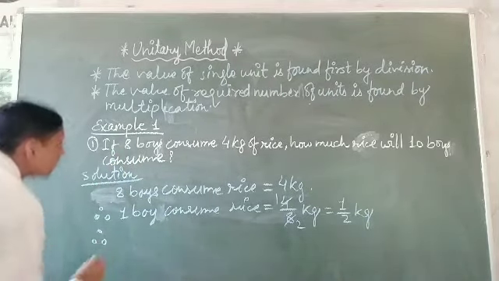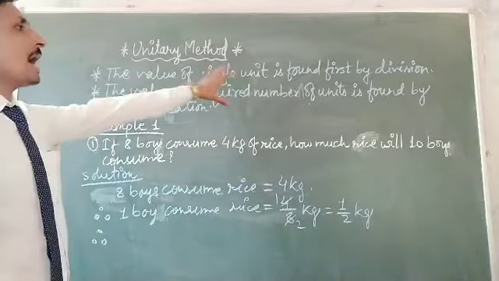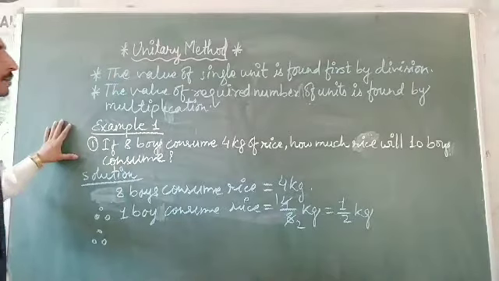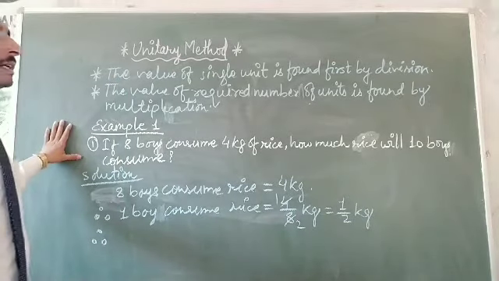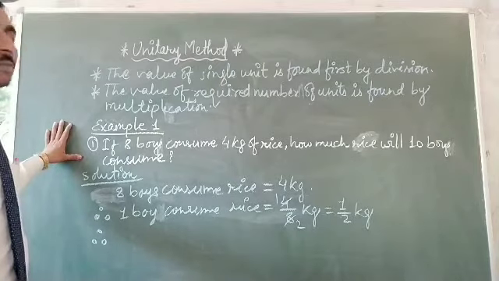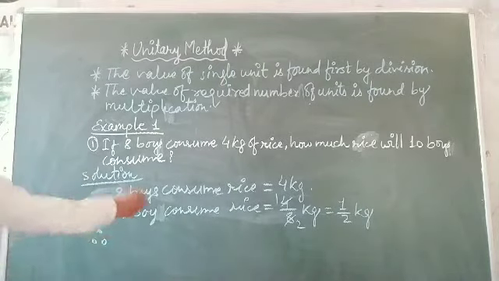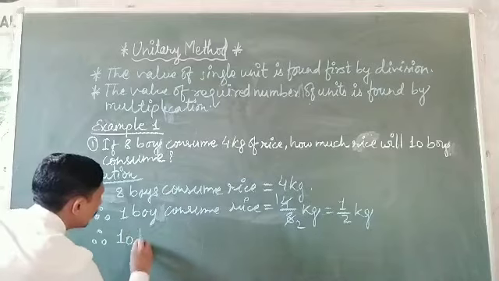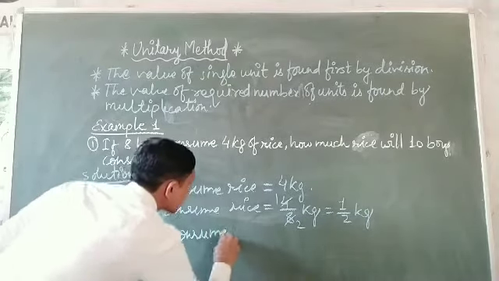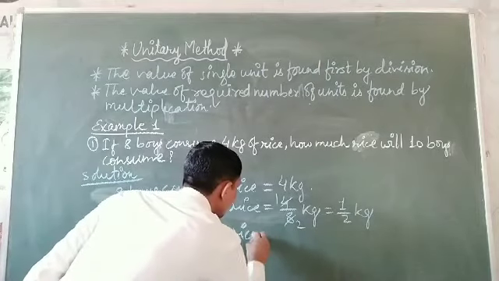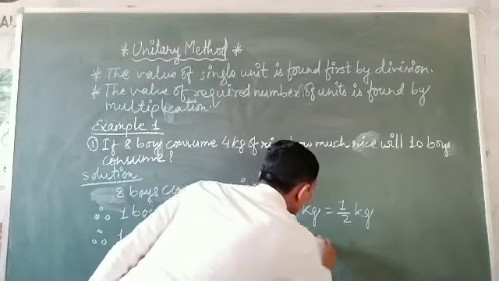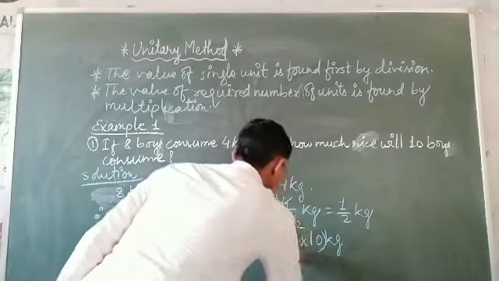Now the next process is the value of the required number of units. The required number of units is 10 here. So how much rice will 10 boys consume? 10 boys consume rice equal to 1 by 2 into 10 kg.